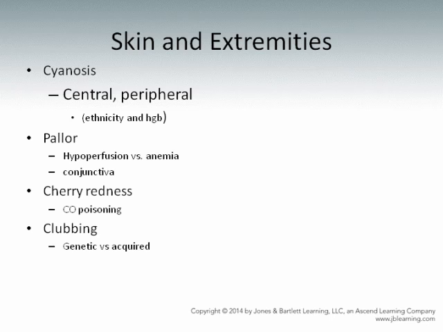So is it genetic, always looked this way, or is it acquired? Has this come on in the last few years? Now, I have actually looked up how long it takes for hypoxia of the fingers to change their shape and become clubbed, and I don't have that answer. Maybe you have that answer, and if you do, feel free to put it in the discussion area.